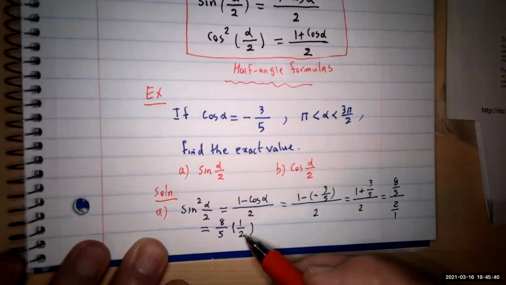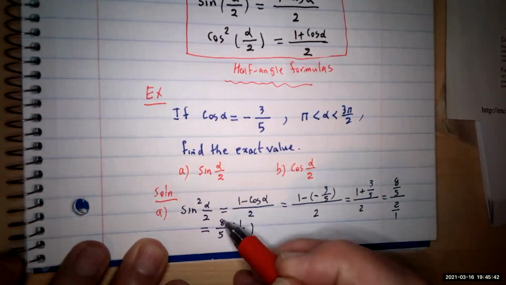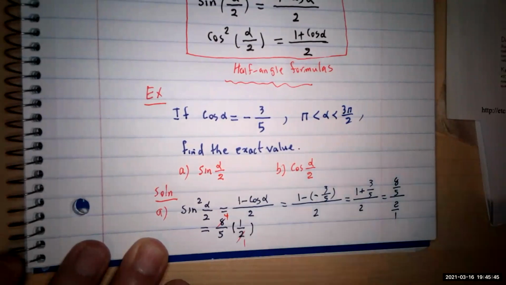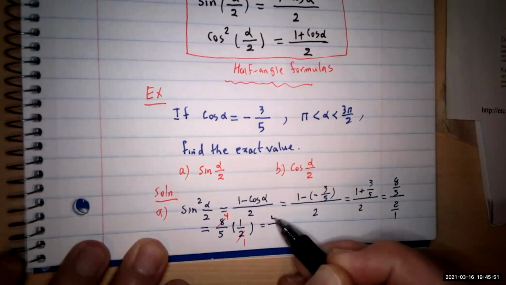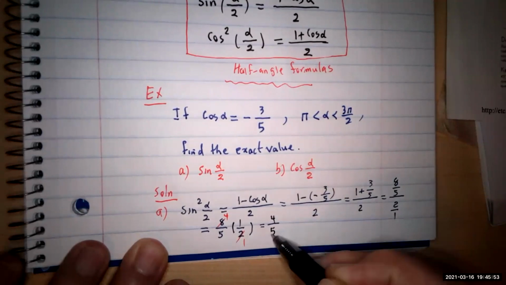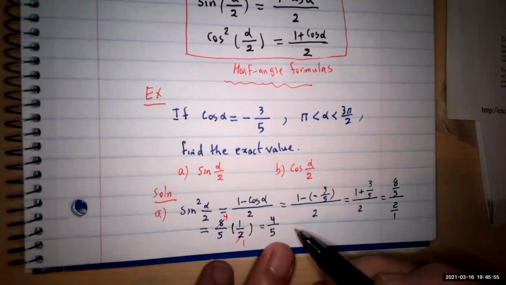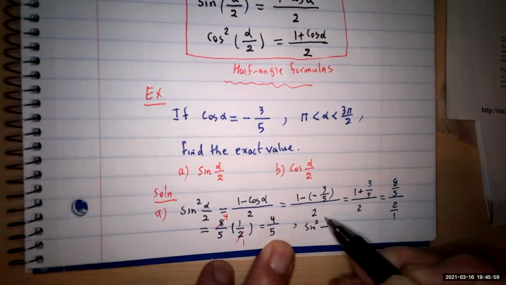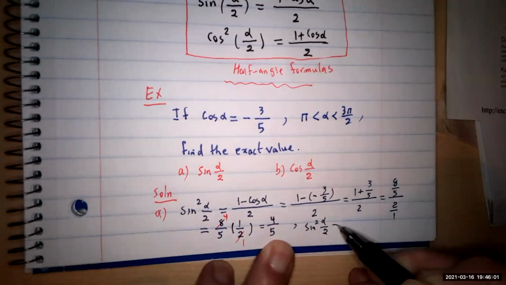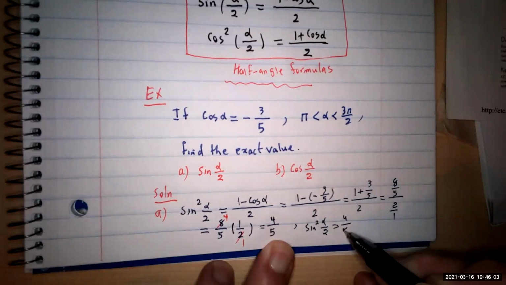By 2, that would be 1. By 2, that would be 4. So we multiply the tops together: 4 times 1 is 4. That gives you 4/5. So we have that sine squared of alpha half is equal to 4/5 so far.